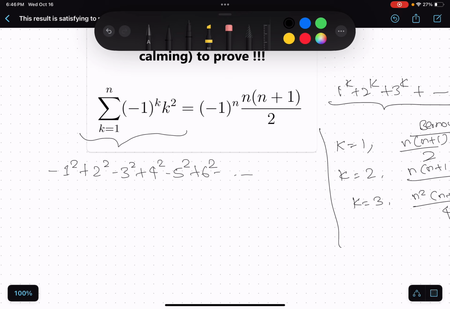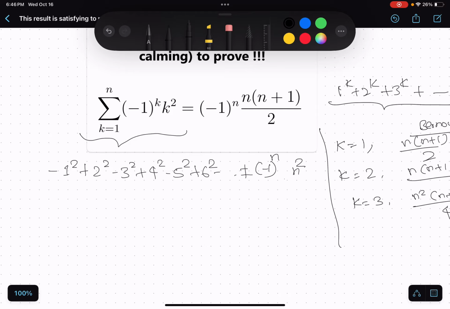In the last term we'll have n over here, not k. The sign of the last term will depend on whether there are an even number of terms or an odd number of terms, right? Now, how do you find this form?